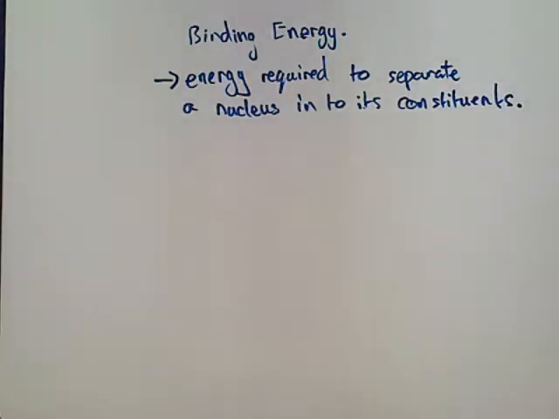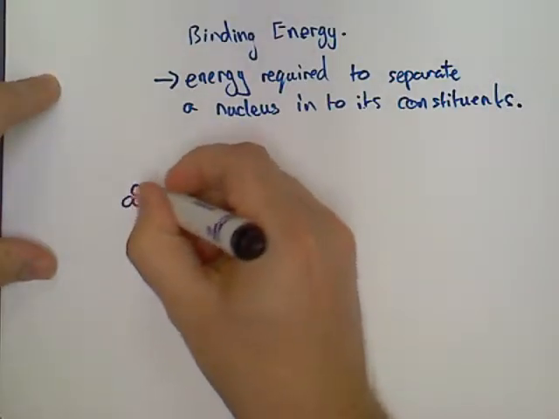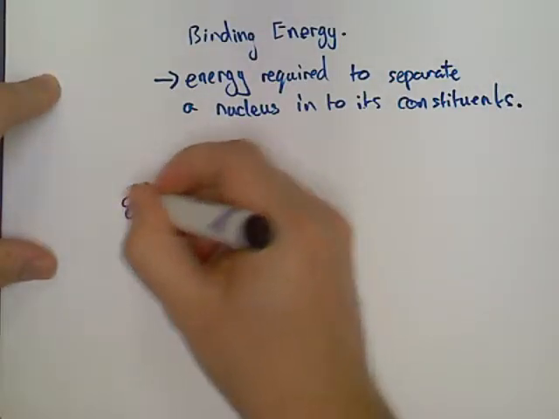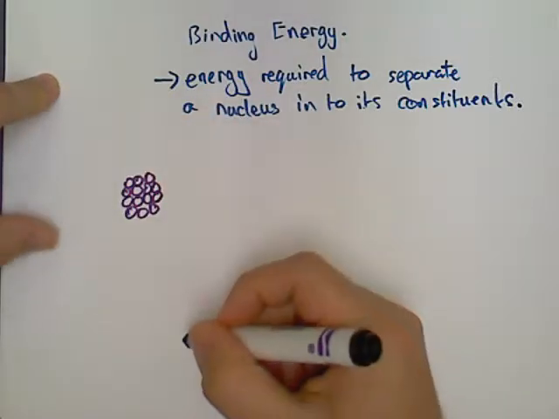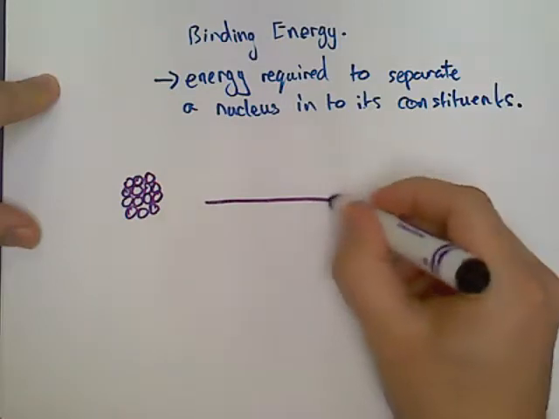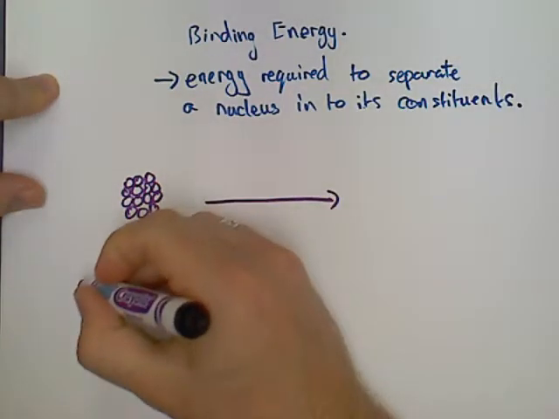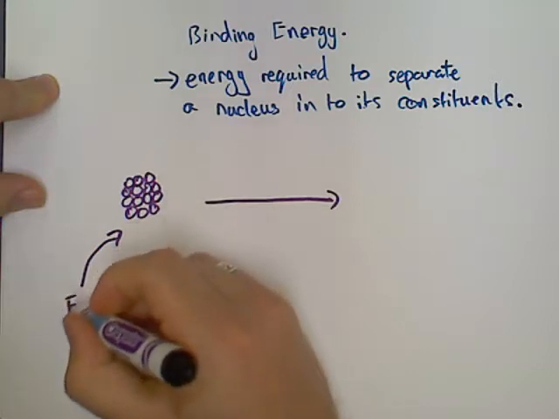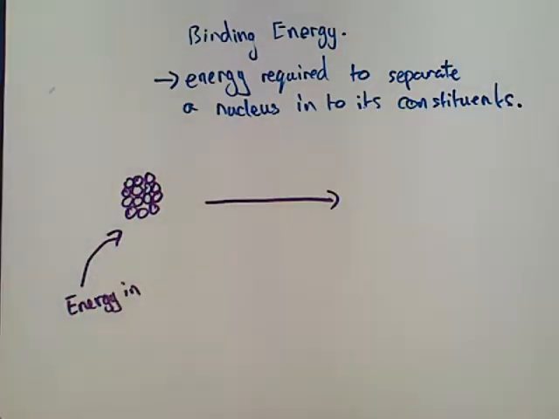Okay, so what does that mean in terms of a drawing? Well, say we have a nucleus that's all bound together with protons and neutrons. In order to get that apart, in order to separate it into all of its constituent parts, you're going to have to put energy into that situation.